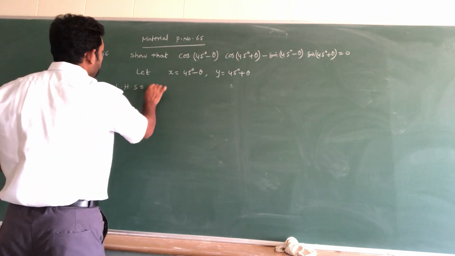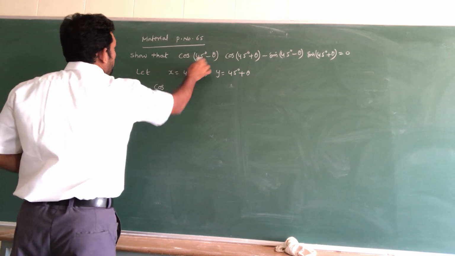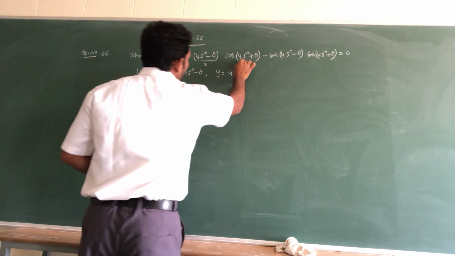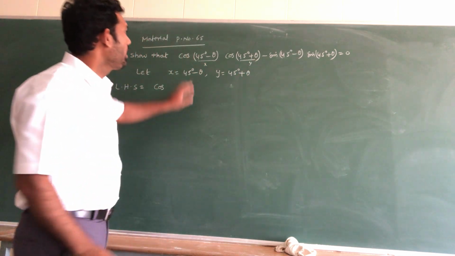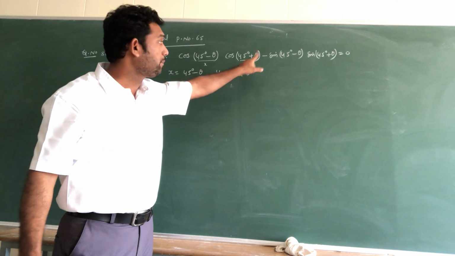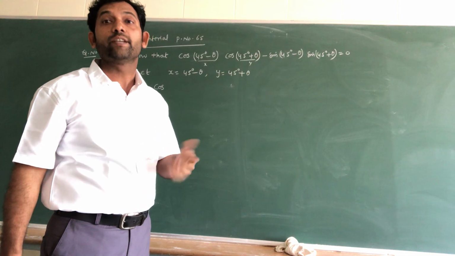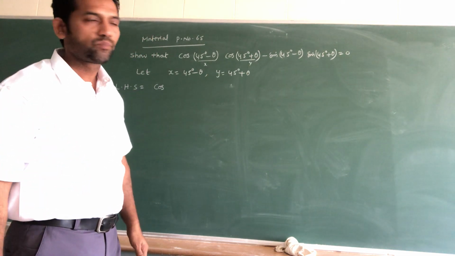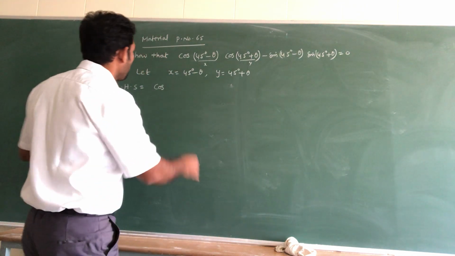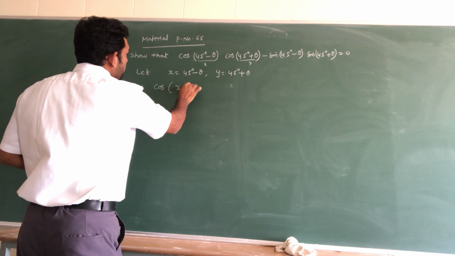So cos of this value x, suppose this is x, this is y. So what happens? That is cos x cos y minus sin x sin y. So what is our formula? It is cos of x plus y.